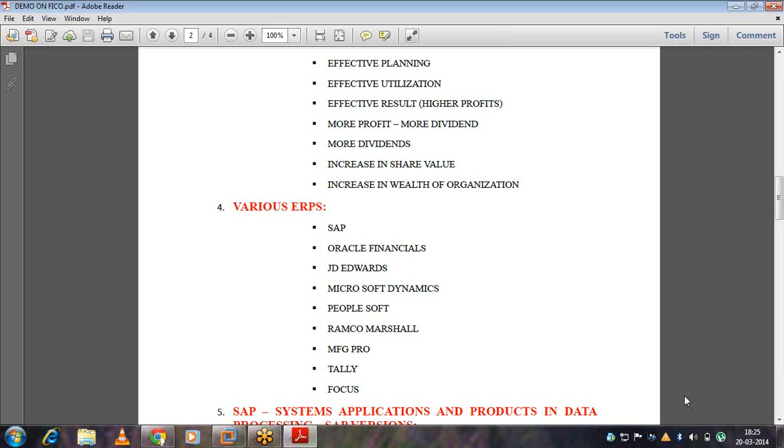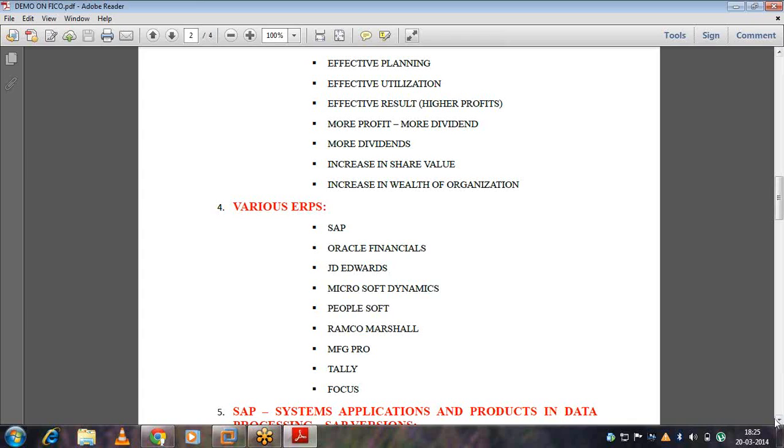So most of the business organizations looking for ERP usage are looking for SAP especially, to implement or automate their business process because of the said reasons.